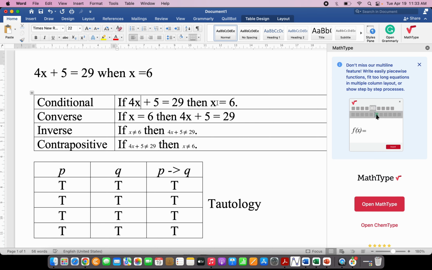Therefore, the conclusion is also true. The mathematical sentence is correct when x is equal to 6. So both the hypothesis and the conclusion are true. Therefore, the truth value is true. Simple as that. Are you following? Okay na?